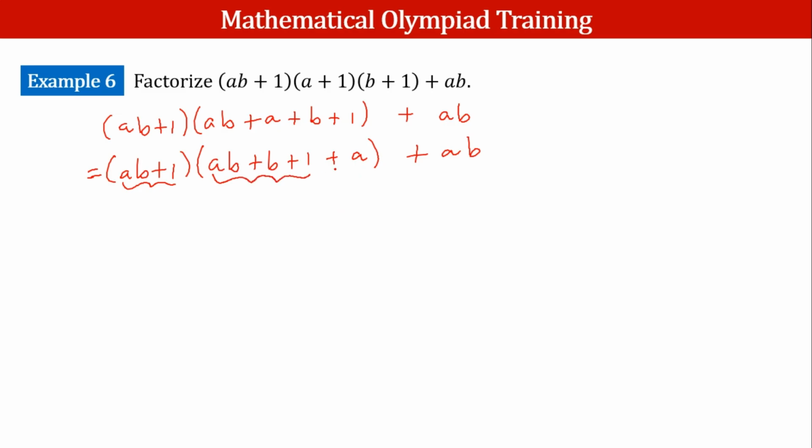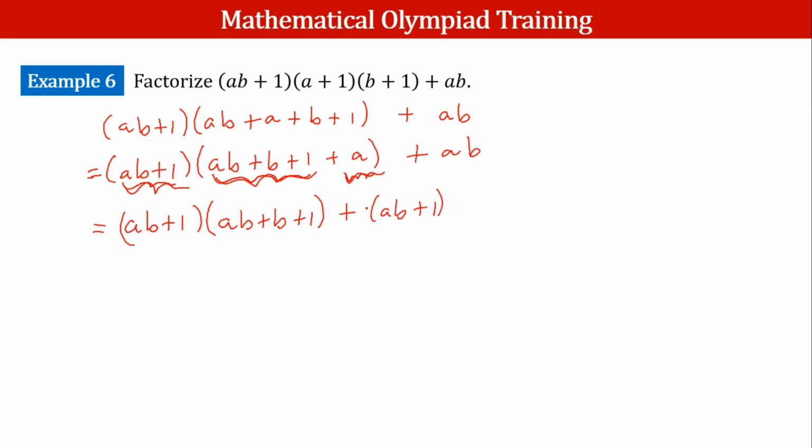Okay, so what I mean is that we can have ab plus 1 times this, so that's ab plus b plus 1, and then this one times this, so we have ab plus 1 times a.